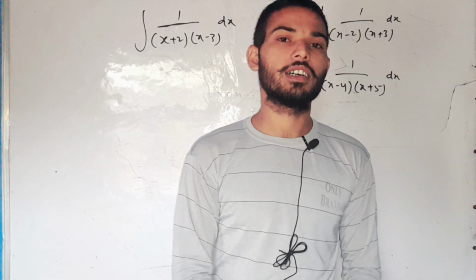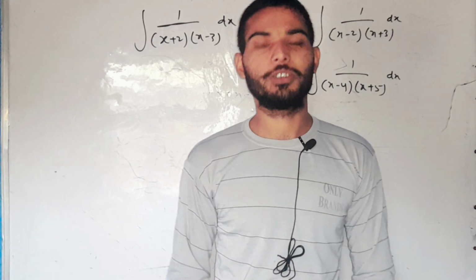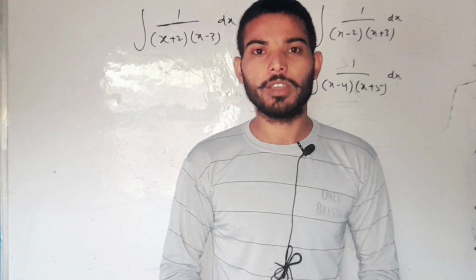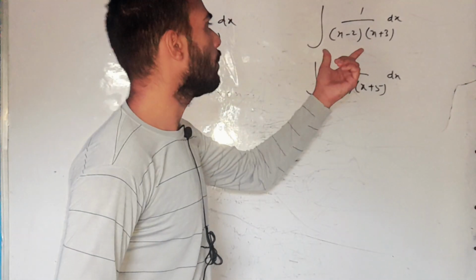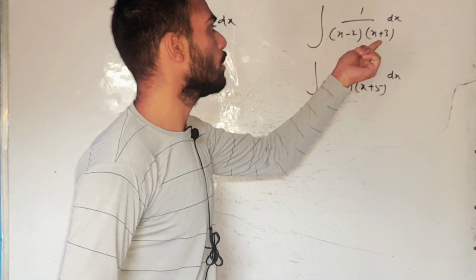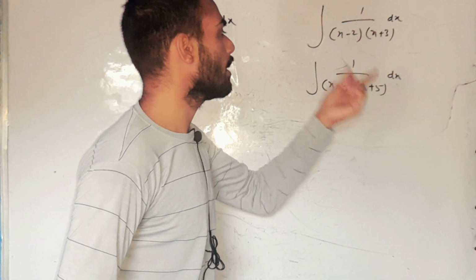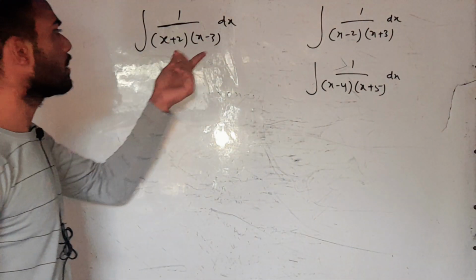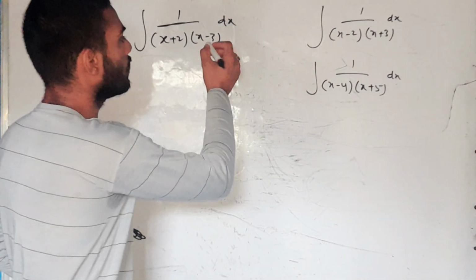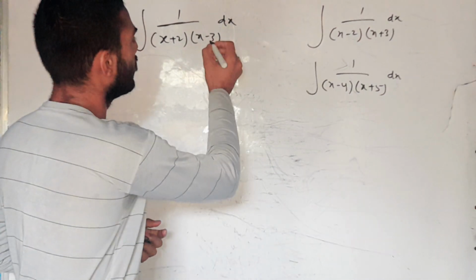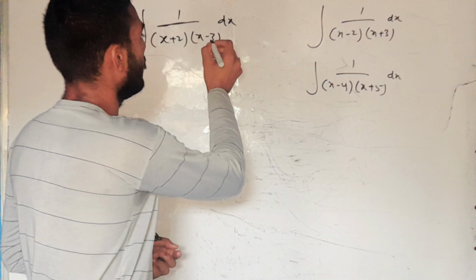We are discussing a trick regarding integration. We are discussing this type of format: 1 upon (x minus 2)(x plus 3), 1 upon (x minus 4)(x plus 5), 1 upon (x plus 2)(x minus 3). You have seen this type of format in many ways.